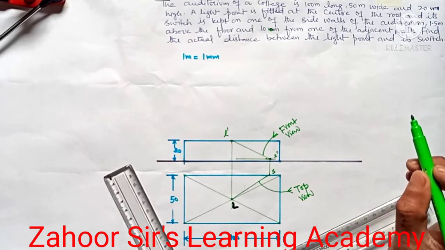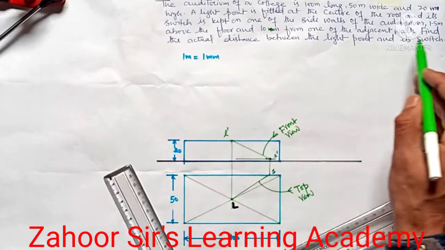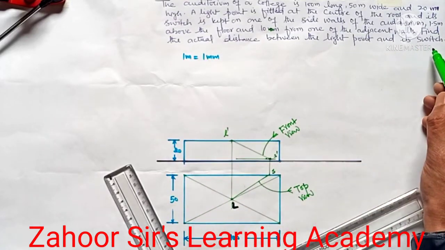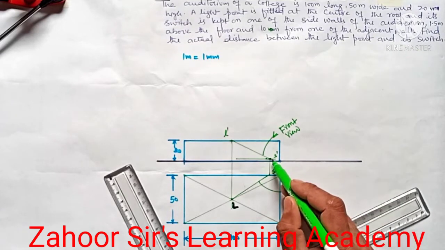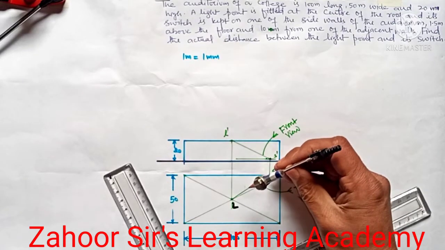Now we know these things, but what has been asked is to find out the actual distance between the light point and its adjacent switch. So we have to find out the true length between the switch and the light. We just need to rotate one of its views. I will rotate the top view.